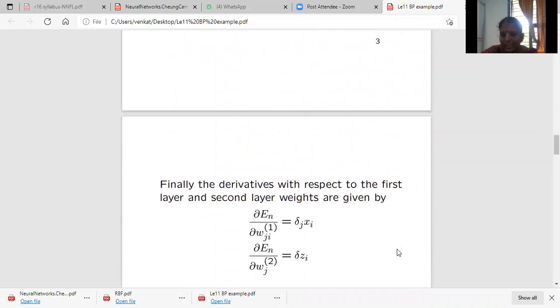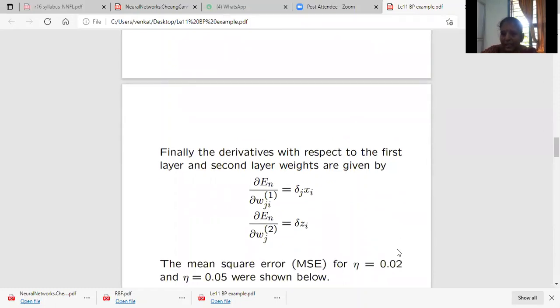Next, the derivatives with respect to first-layer and second-layer weights: dEn/dWji = delta_j xi, dEn/dWj = delta zi.